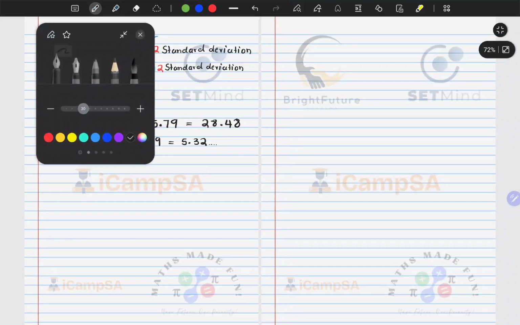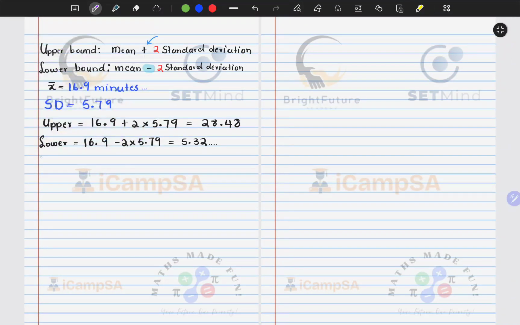Now we should count the numbers between these 2 values, between 5.32 and the upper bound 28.48 minutes.